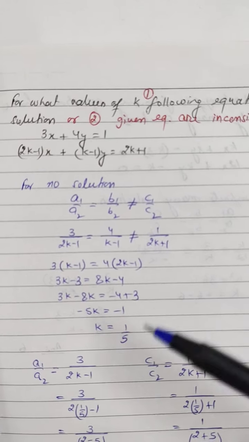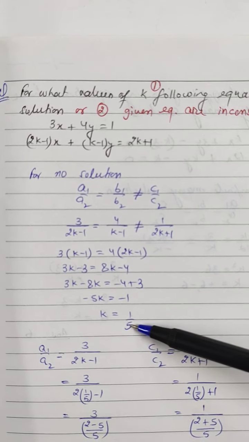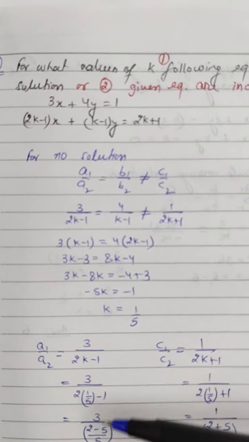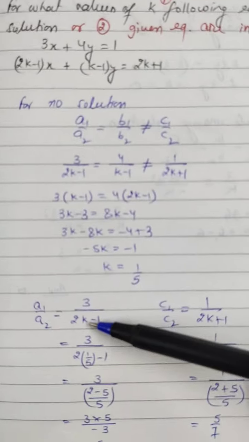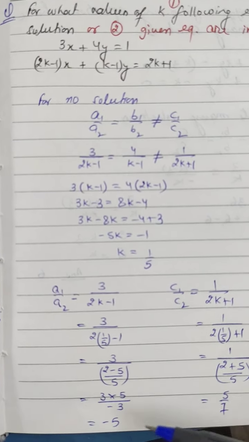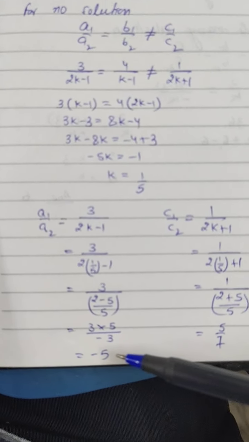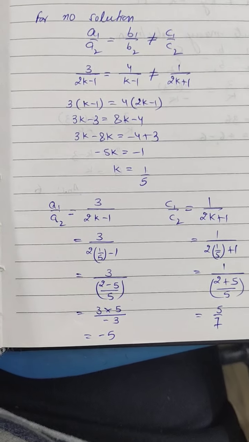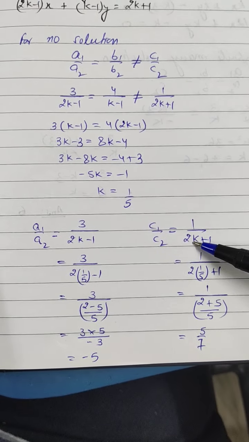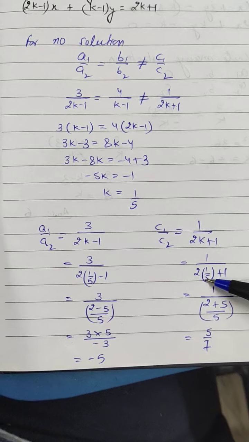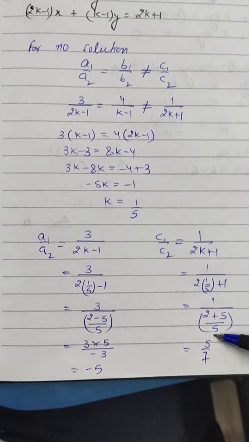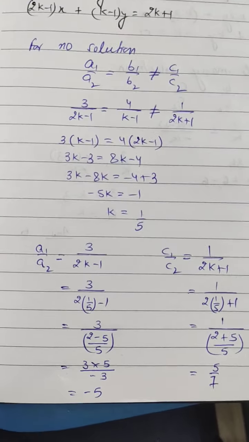So taking k as 1 by 5, we calculate the value of a1 by a2 by substituting the value of k. This answer comes out to be minus 5. And for c1 by c2, substituting the value of k as 1 by 5, you can take the LCM.